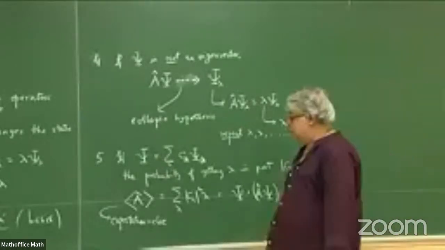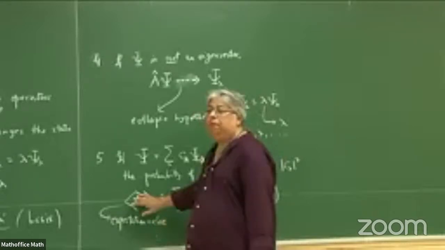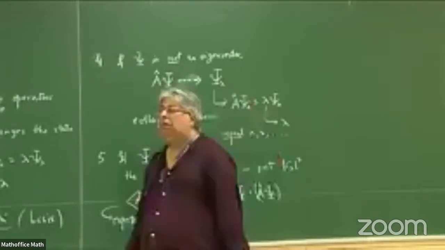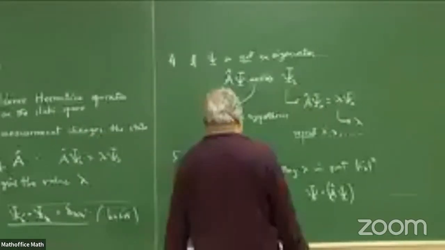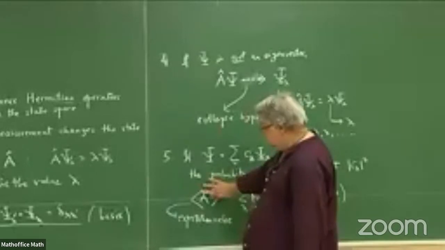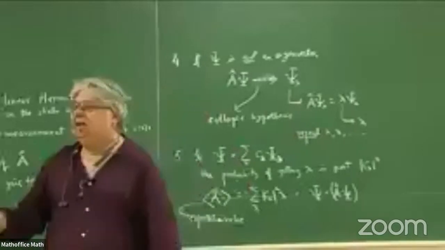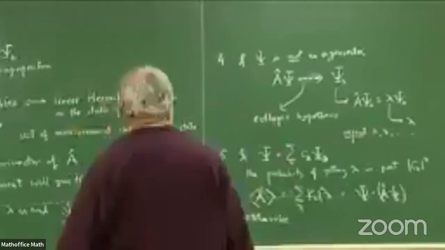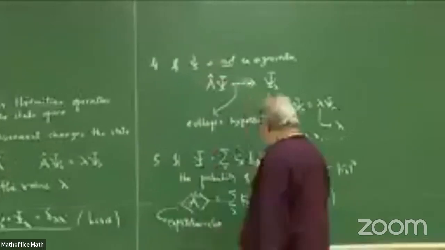Angular bracket A hat psi. I think he's asking that when you put the angular bracket, it's not clear in what state it is. What psi. This one? You don't need it here. A is my dynamical variable, so it is momentum P or energy E. But the fact that you're taking the bracket of it doesn't tell you automatically what psi you're taking it in.